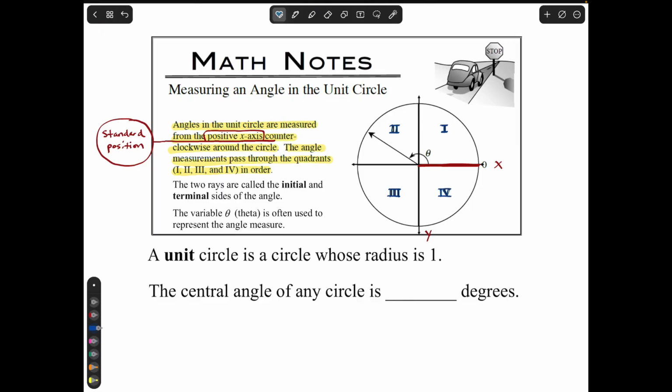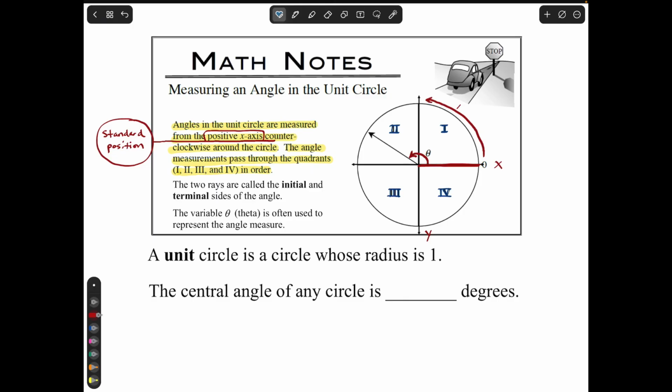As we travel around that way, we are traveling counterclockwise. Counterclockwise is the opposite way of a clock. So when we go around the circle, we're going around this way. Angles that are measured in this direction are going to be positive angles.